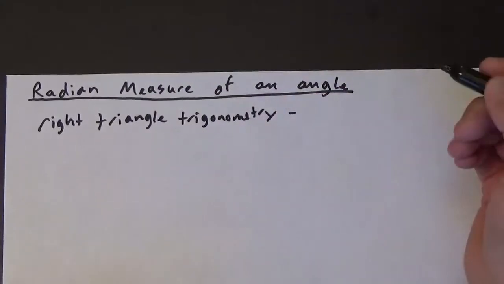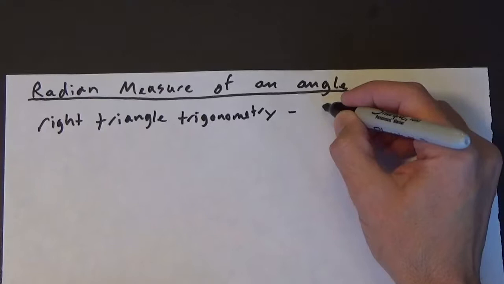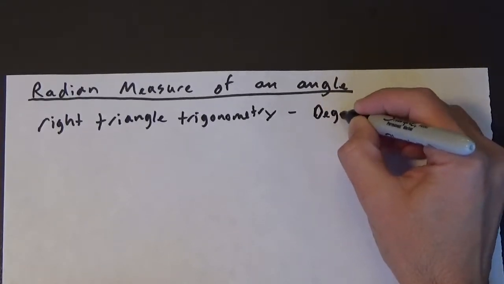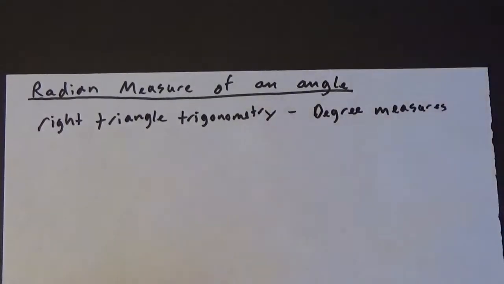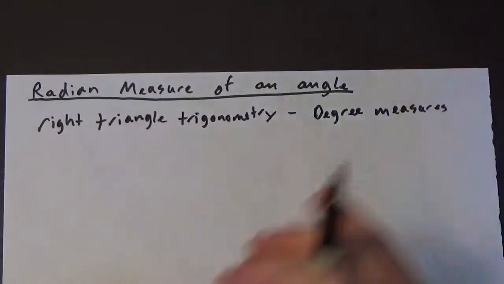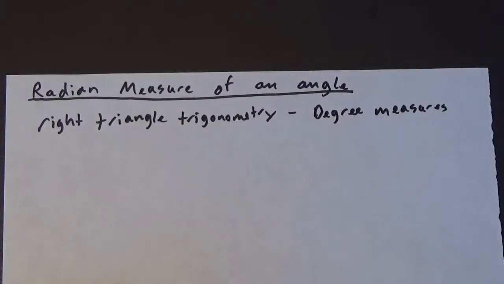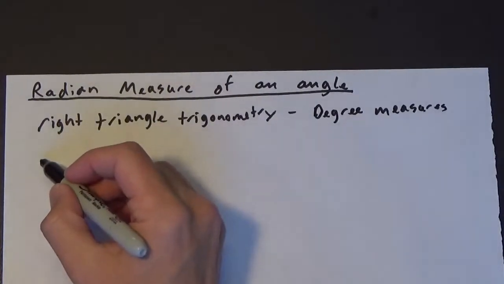And in right triangle trigonometry, usually we work with degree measures. Degree measures work really well, and that's what we had done when we did our little unit on right triangle trigonometry. But there's also circular trigonometry.